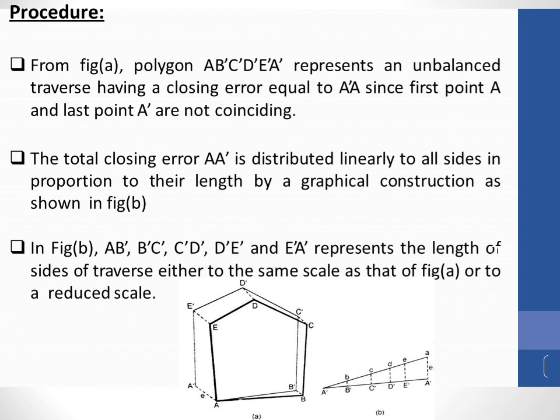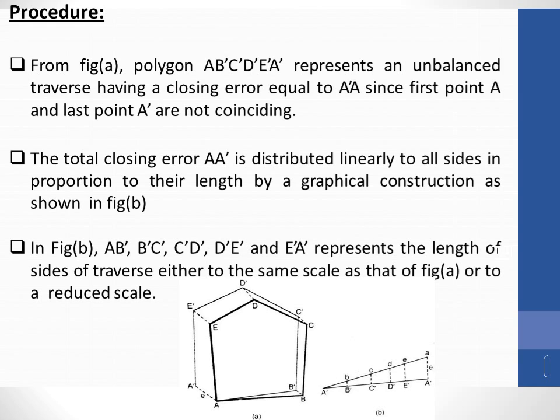The total closing error, that is A A dash, is distributed linearly to all sides in proportion to their lengths by a graphical construction as shown in figure B. So A A dash is our closing error, and this is going to be distributed, not equally, but proportionally to all other sides. For that, see figure B.